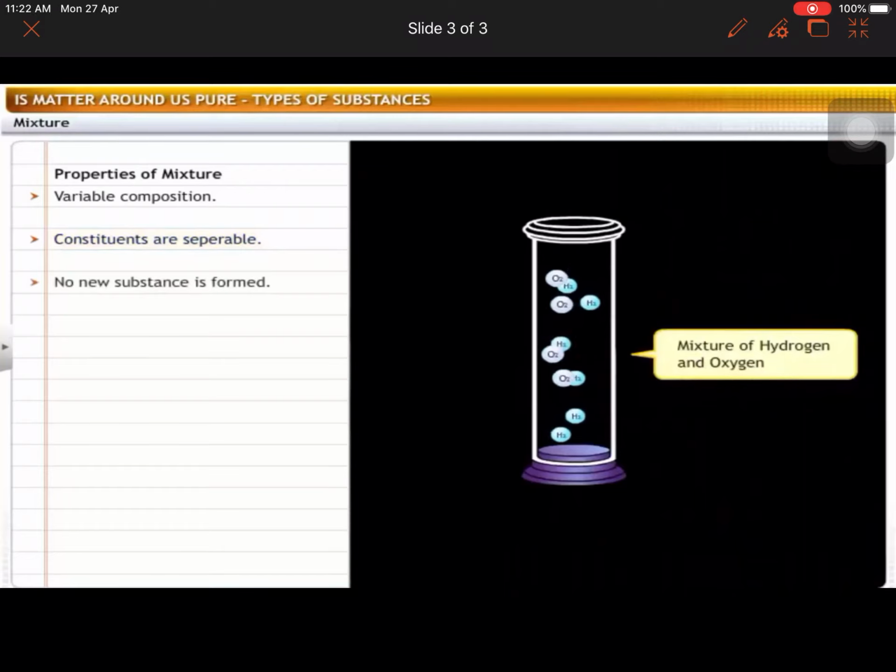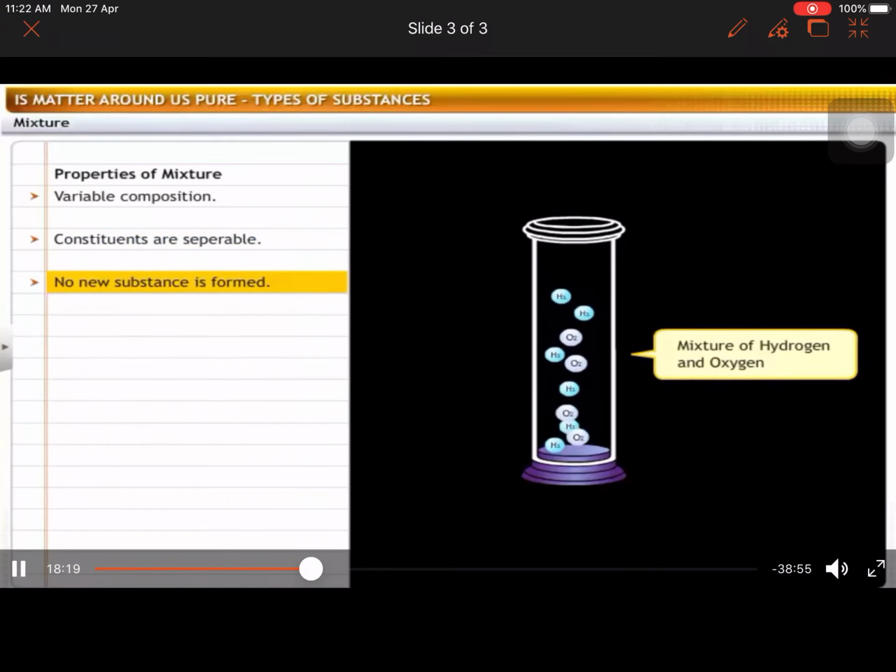When a mixture is created, no new substance is formed. Each part of a mixture retains its own properties. So the point is, when a mixture is created, no new substance is formed. Correct? Because to form a new substance, there has to be chemical bonding, right?